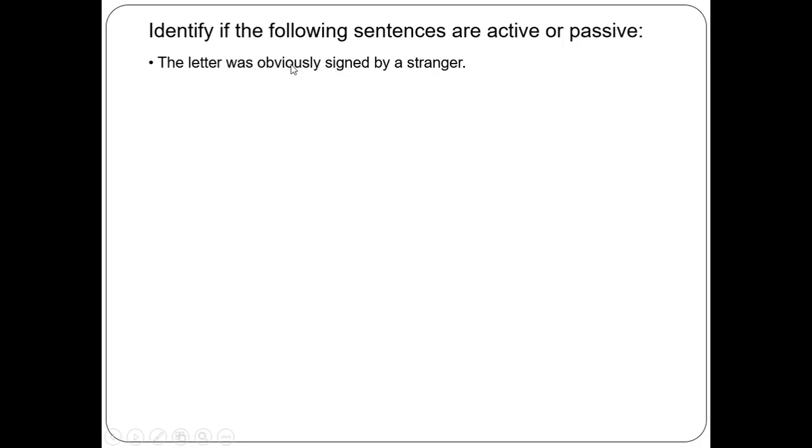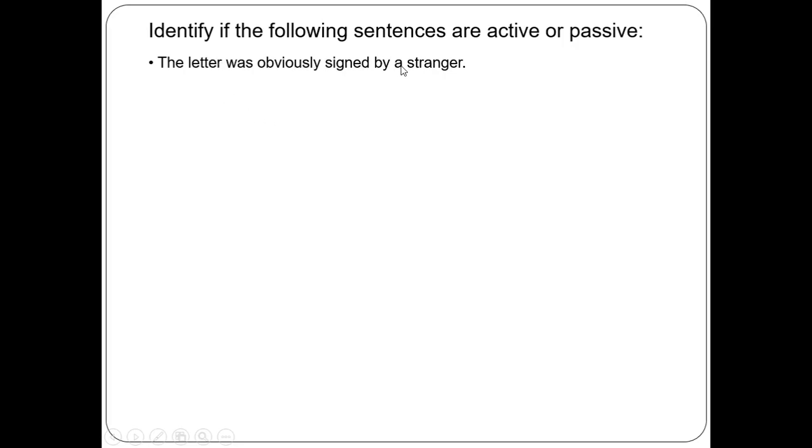This is the adverb over here, and this is the passive voice, was signed. Was is the past form of the verb to be, and signed is the main verb in the passive participle. And then you can see the "by." More or less, you can tell it's a passive voice if you see the preposition by. So this is the passive voice.